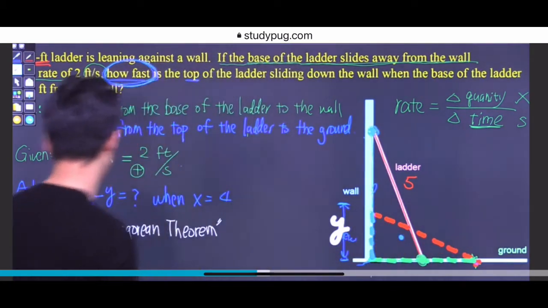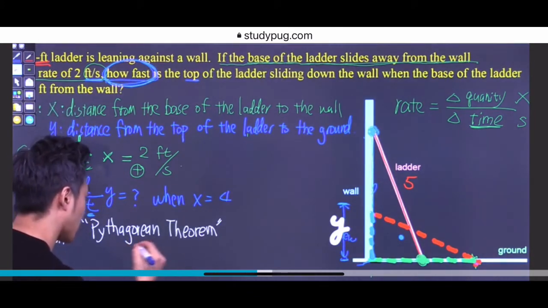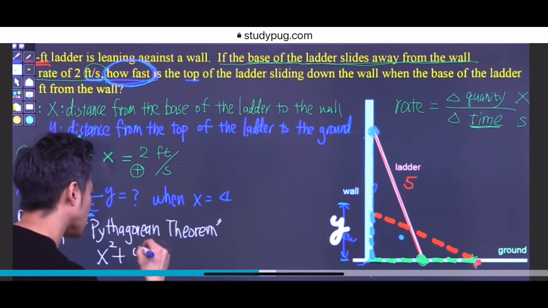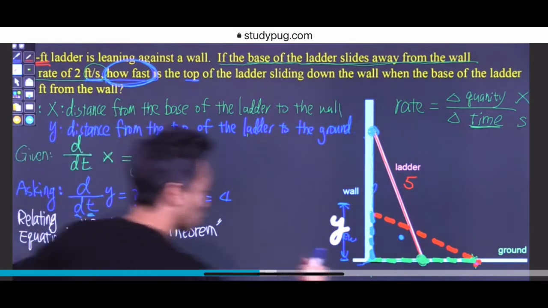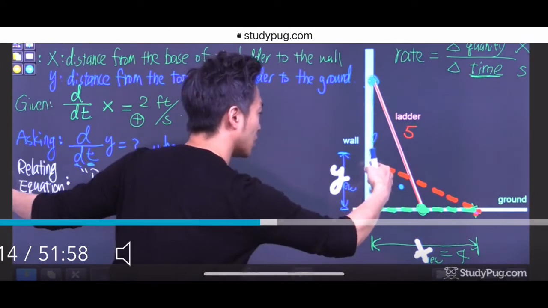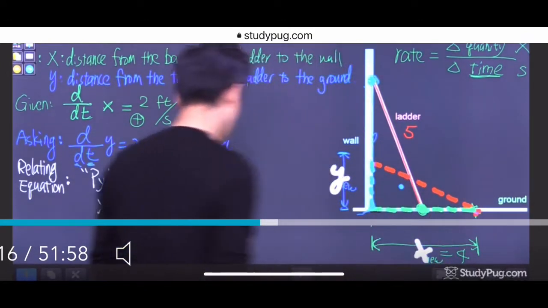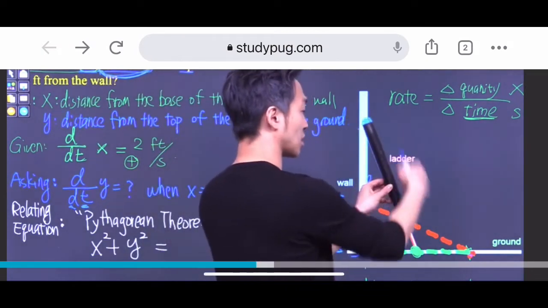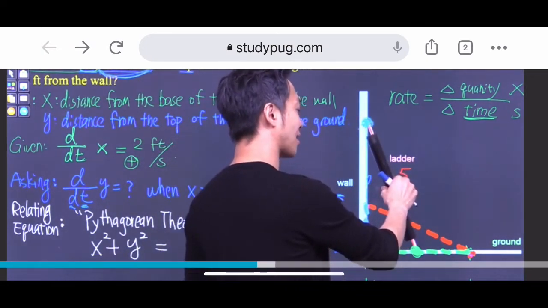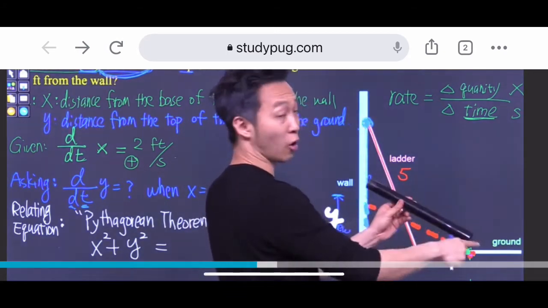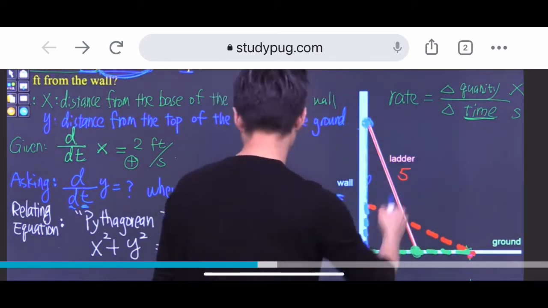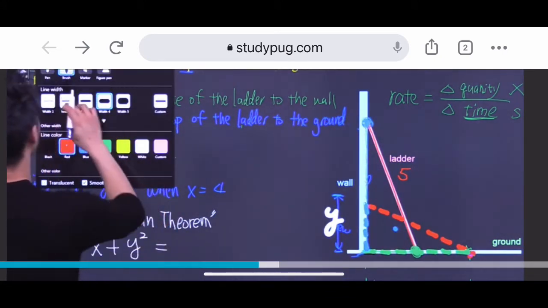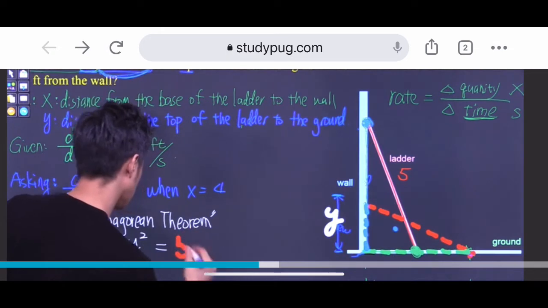That would be x squared plus y squared is equal to the hypotenuse squared. And the length of the ladder doesn't change. The length of the ladder is always 5. It doesn't matter how the ladder slides. The length of the ladder always stays the same. So the length of the ladder stays at 5, so that is equal to 5 squared.